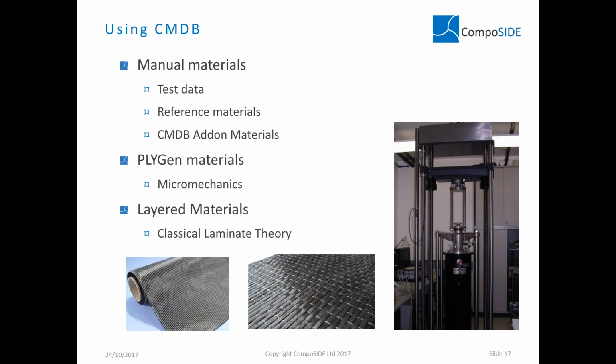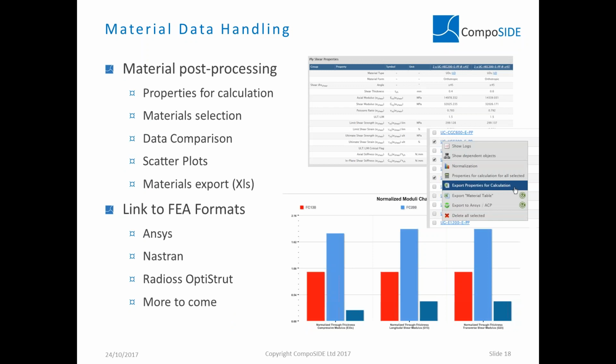And then obviously with this, we can create our laminate stack-ups that we can use in the design. In the database, the material data is highly accessible with many data comparison tools and export functions you can see on the screen. These include scatter plots, Excel exports, bar graphs, and many more functions we can use.